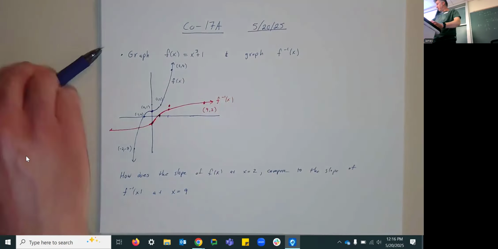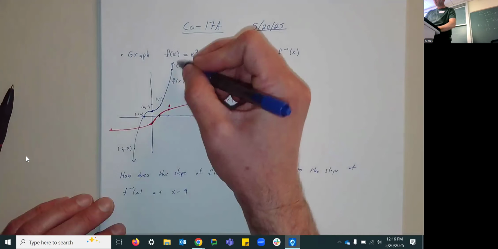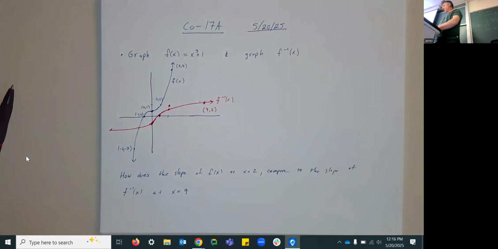I'm interested in the slope here and the slope there. Well, let's go ahead and find the inverse function so we can answer this question.